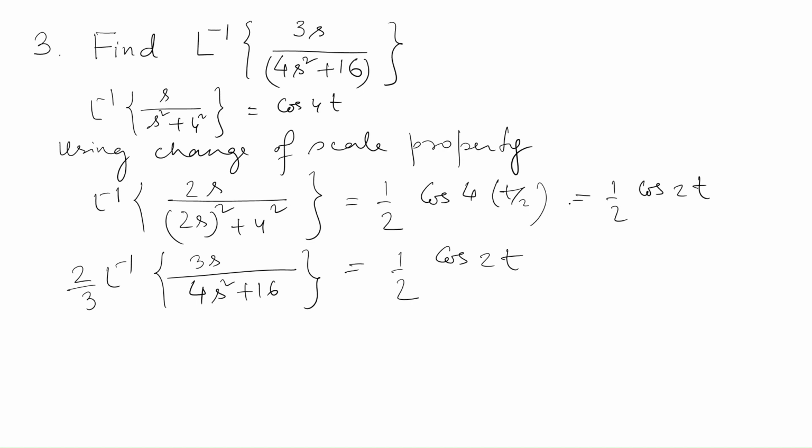So this equals half cos twice t. If we write 2 by 3 and inside it is 3s, then it is similar to the previous line. So inverse Laplace transform of thrice s by 4 s square plus 16 is 3 by 4 cos twice t. This is the answer.